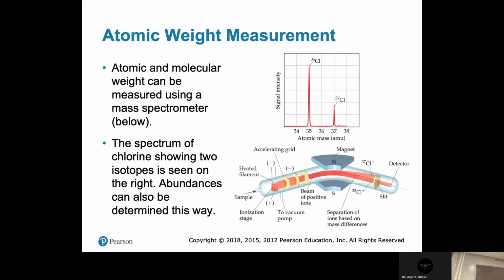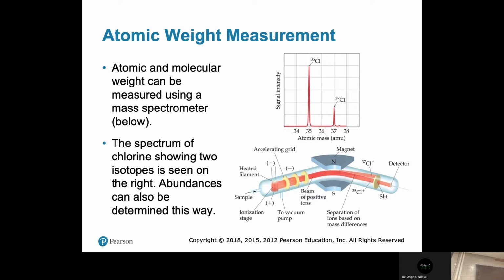The reason they were able to tell it was chlorine is that they took a sample of the gas and threw it in the mass spec. The mass spec doesn't tell you Cl, it just tells you there's this much at 35 and this much at 37. This is a classic textbook example.